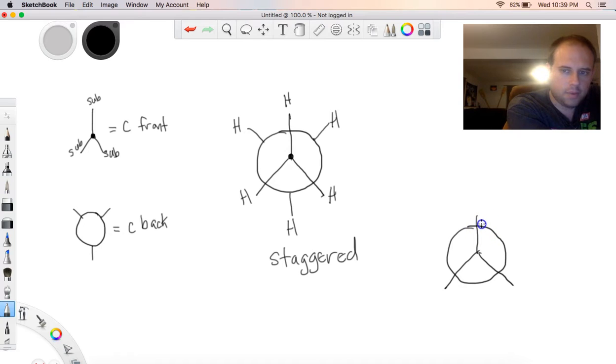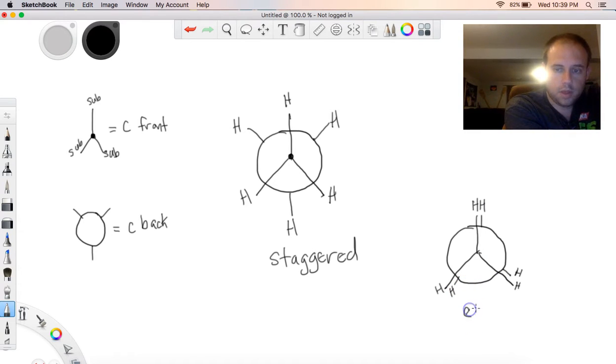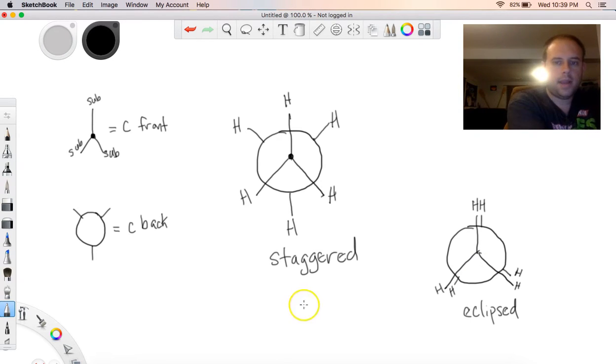For the sake and the purpose of drawing these or showing them in a class, you want to still give some small amount of space to basically show both atoms that are close to one another, right? So something like this. This would be an example of the eclipsed Newman projection.